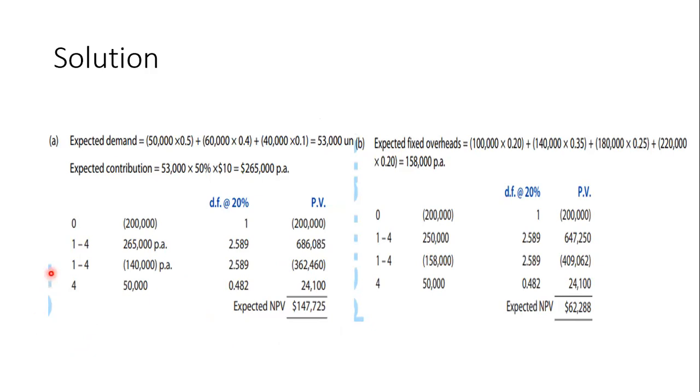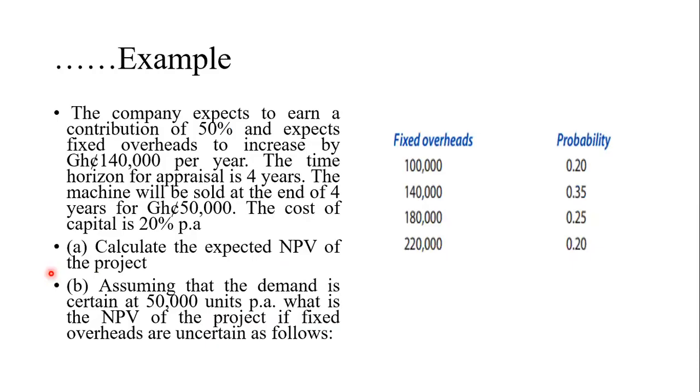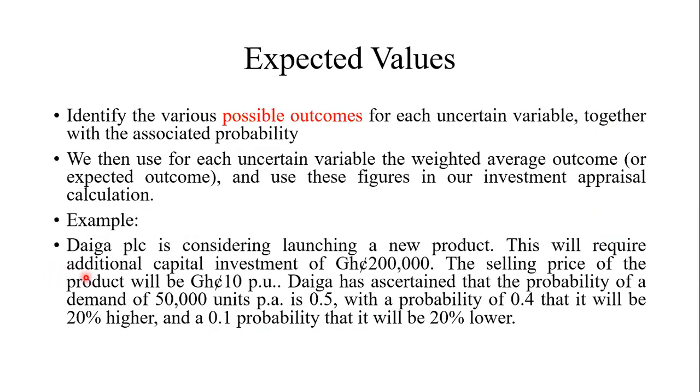So first of all, we need to calculate our expected demand. We're told that, let's go back to the question. The selling price of the product will be 10 cedis per unit. Each unit is 10 cedis.